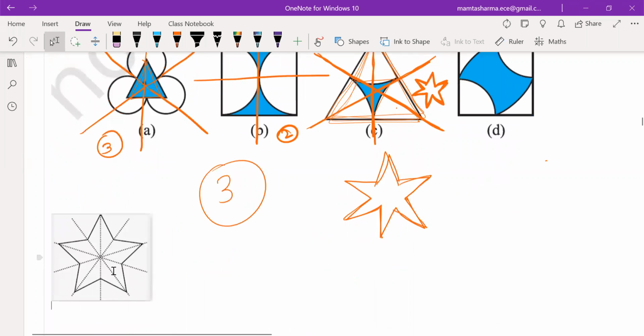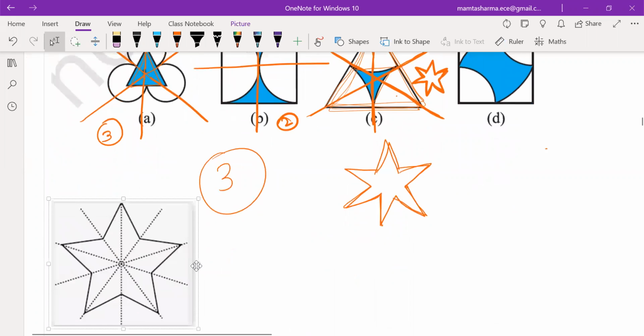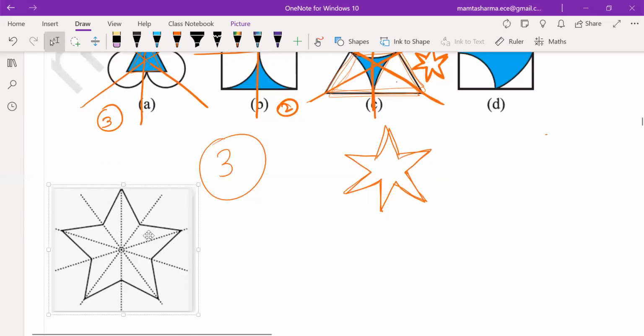You could see this is a star. So there would exist 1, 2, 3, 4, 5, 6. Ma'am, 5 only, no, ma'am. 5. 1, 2, 3, 4, 5. Yes, 5.